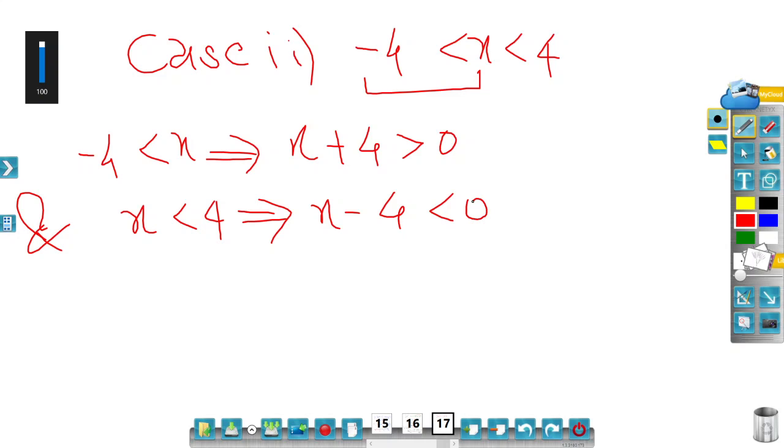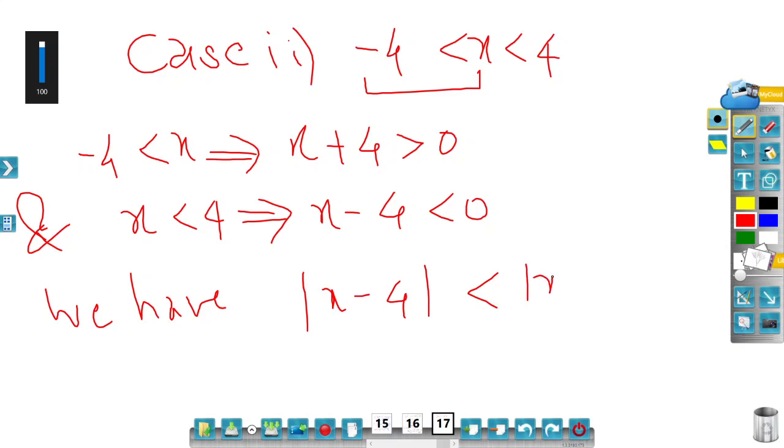So let me take that inequality. So we have mod x minus 4 less than mod x plus 4. But x minus 4 is less than 0, so this modulus is minus x plus 4 less than x plus 4, which is positive, so it is x plus 4. So this will give me, this 4 will come that side, so 0.